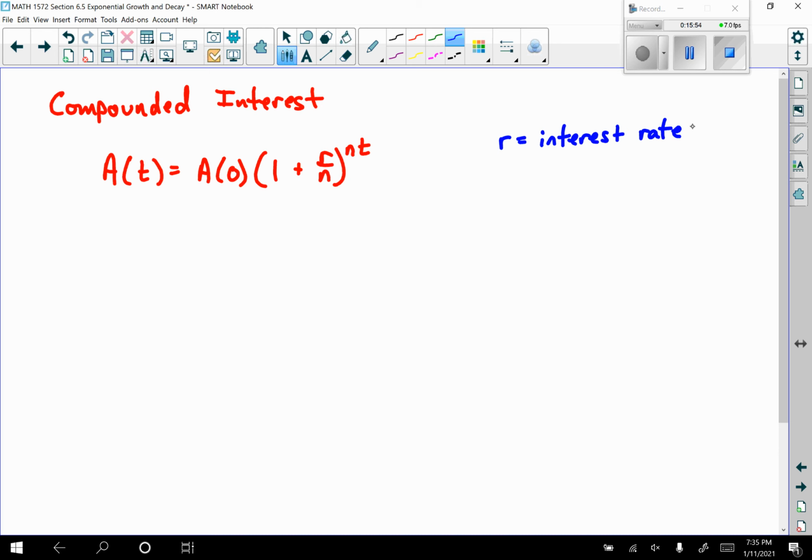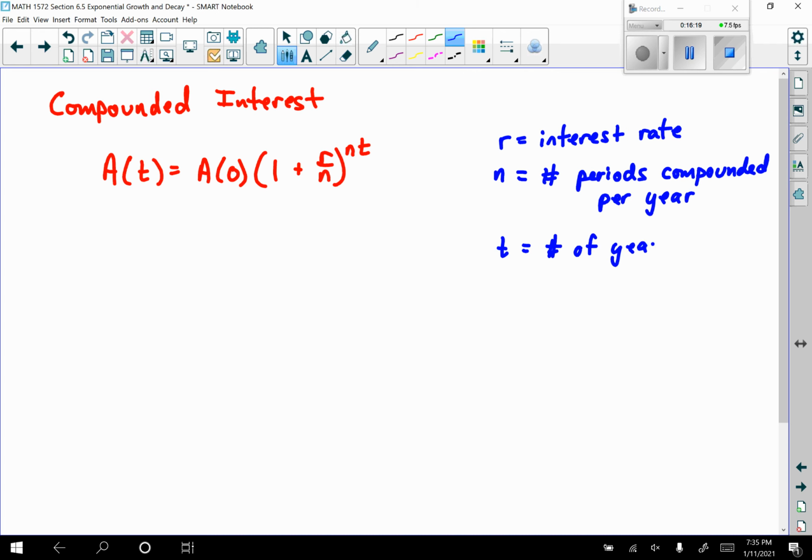We always want to put this in as a decimal. n is going to equal the number of periods compounded per year. And t is going to be the number of years. So again, right here, this would be the initial amount.